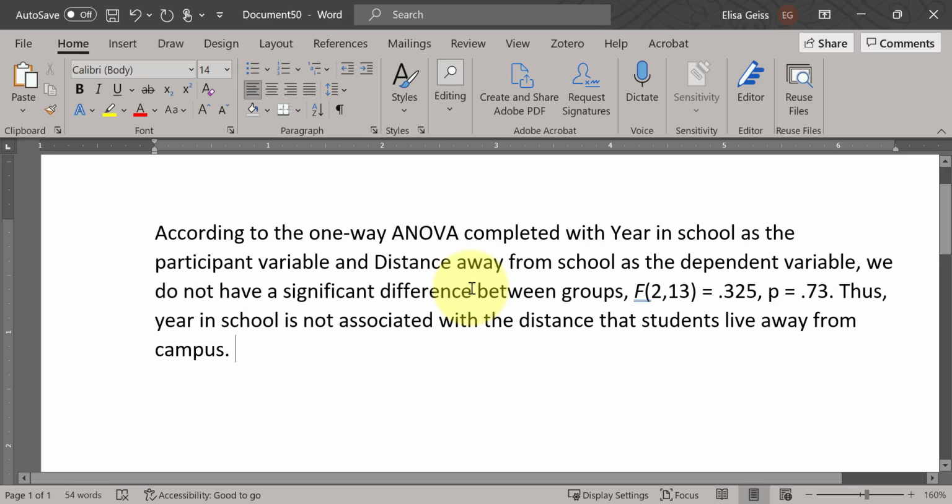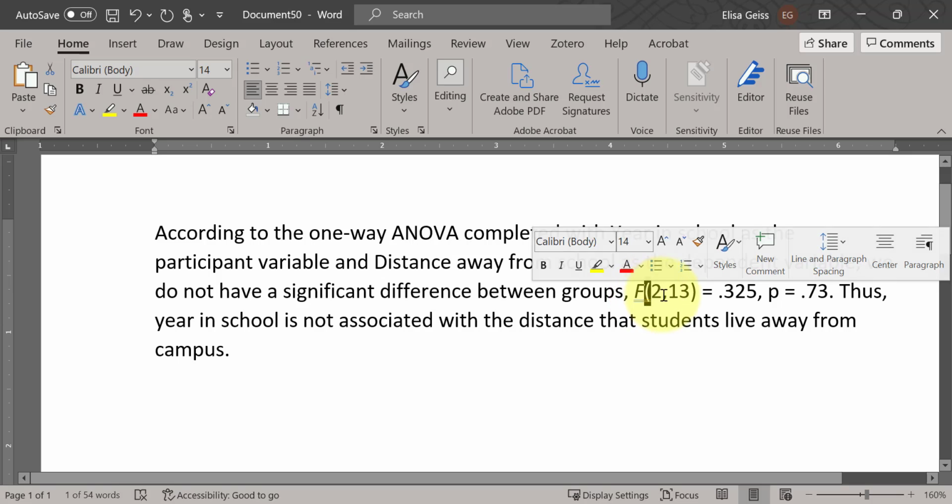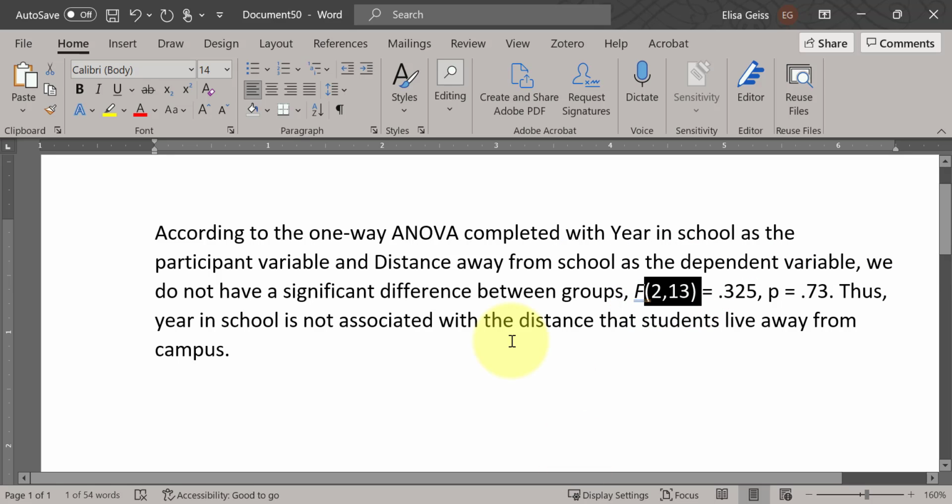We do not have a significant difference between groups, right? Because I knew that because my probability was higher than 0.05. When I'm writing this up, I have my F test. So the F tells me what type of test it is. For my F, I have to put in the degrees of freedom.